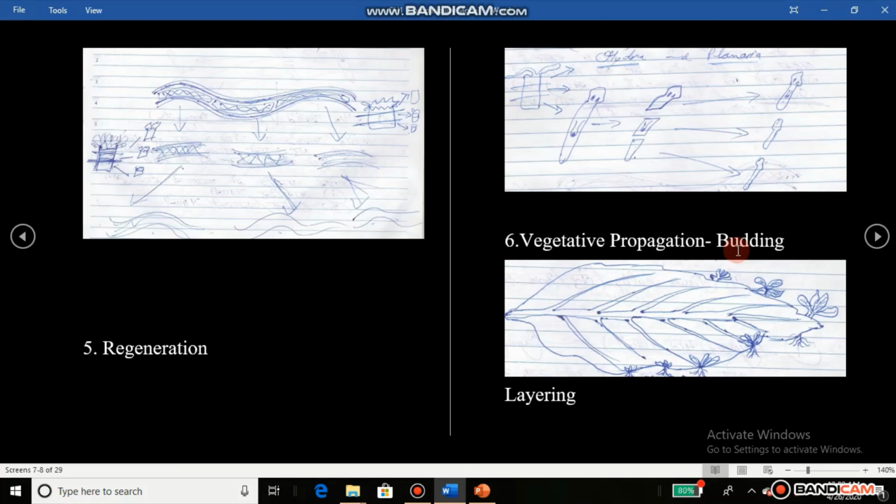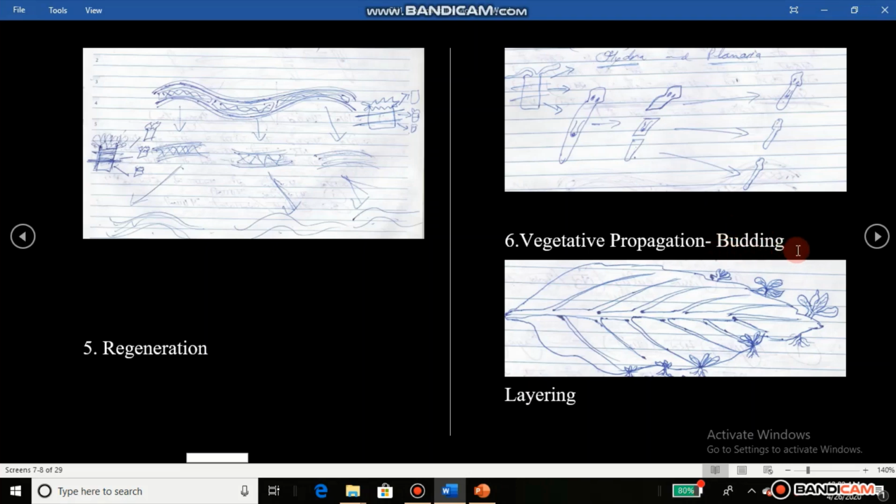So humans did this artificially. I will tell you how more plants are created artificially. Let me tell you first about the natural one. Natural is only one type, budding.